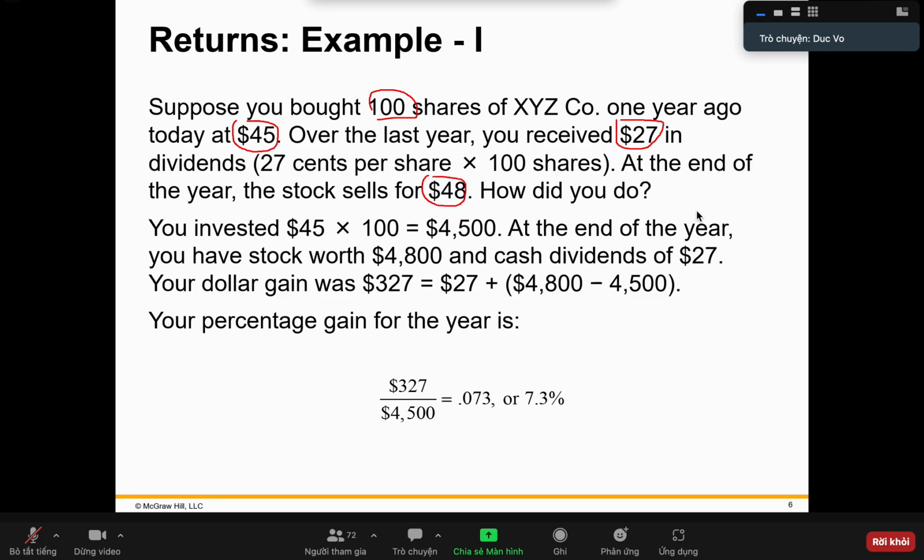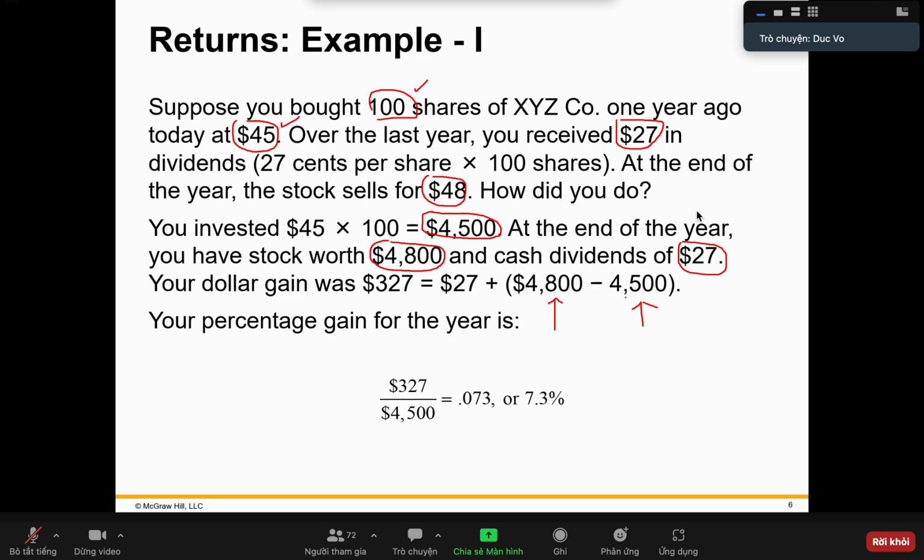So now we'll work out what our return is. You buy 100 shares and one share costs you 45, so you invested 45 times 100. And when you sell, the value is 48, so 48 times 100 becomes 4,800. During the year, your dividend is 27. So clearly, this is how much you receive when you sell, and this is how much you paid when you bought.